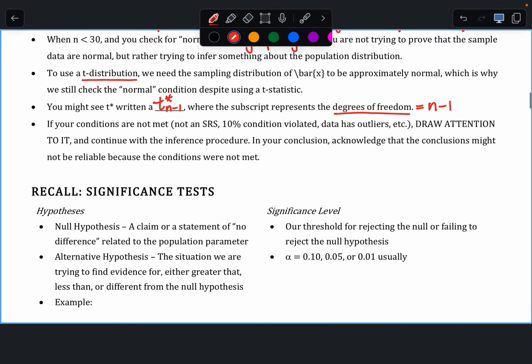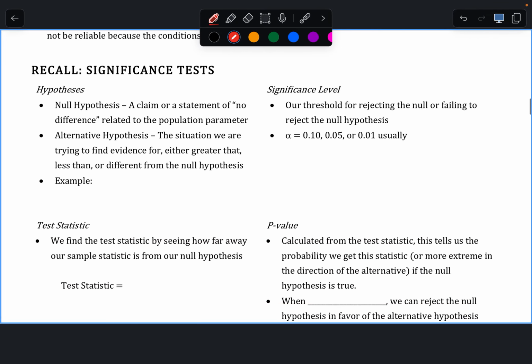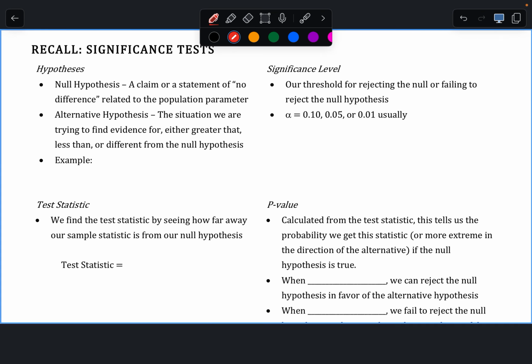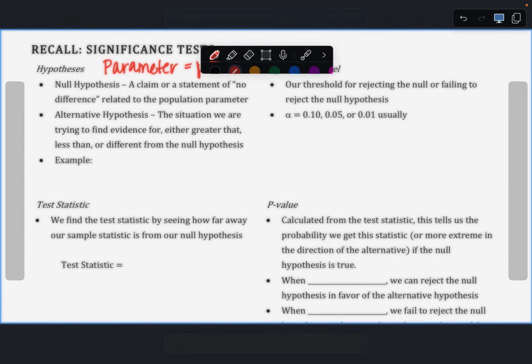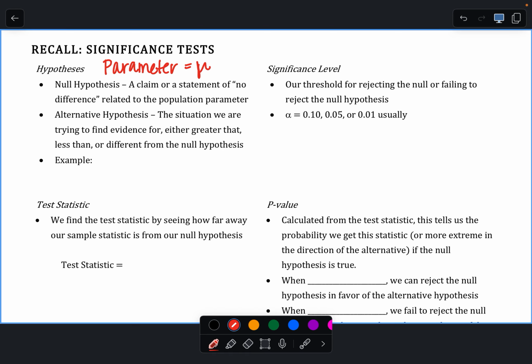Now, the next thing that we kind of move into is significance tests in general. Whenever you had a significance test, you defined a parameter. Remember, for means, our parameter is mu. A lot of us are probably still used to writing the p equals. That is not the case. So if our parameter is mu, when I go to write my hypotheses, I'm going to have mu is equal to mu naught.